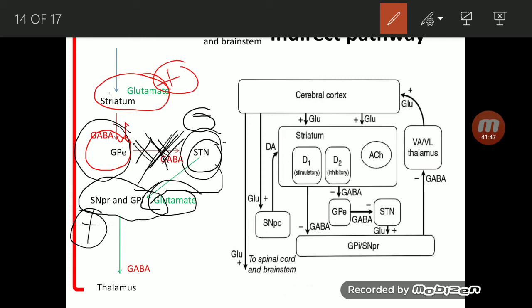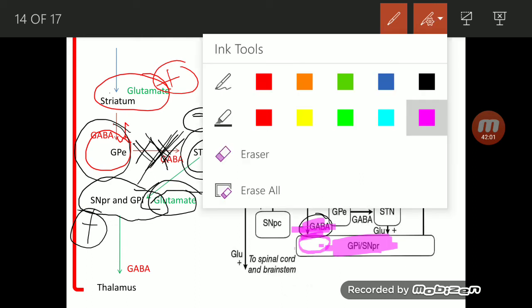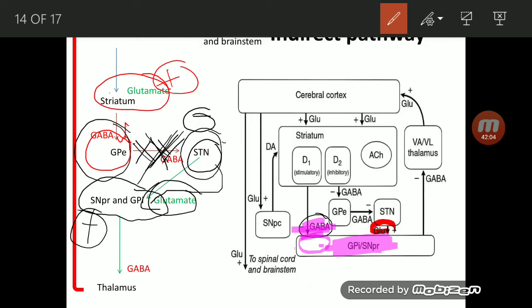If you see a difference, in case of direct pathway, GABA was being released and your SNPR was getting inhibited. In case of indirect pathway, glutamate is being released into your SNPR and it is causing activation of your SNPR.